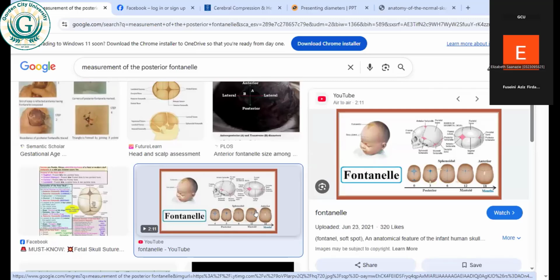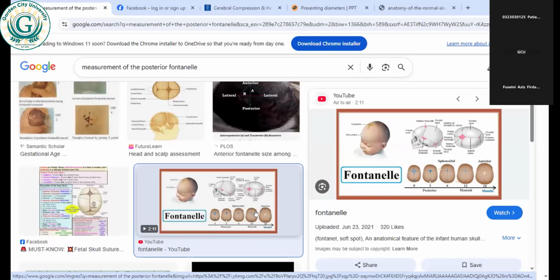Then there are diameters of the fetal skull, and we have two types: the longitudinal diameters and the transverse diameters. The longitudinal consists of 6 and transverse 2. With the longitudinal, we have the suboccipitobregmatic, which is 9.5, suboccipitofrontal, which is 10, occipitofrontal, which is 11.5, mentovertical, which is 13.5, submentovertical 11.5, submentobregmatic 9.5.